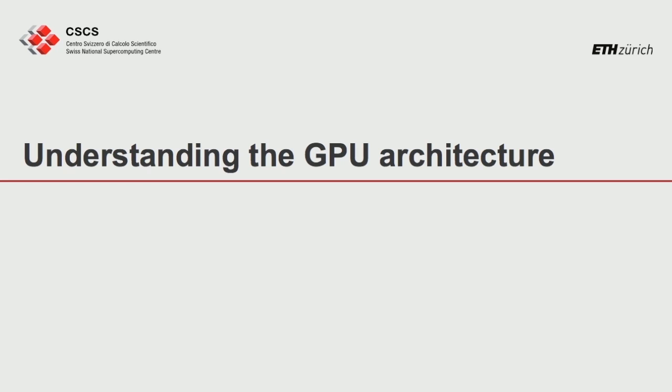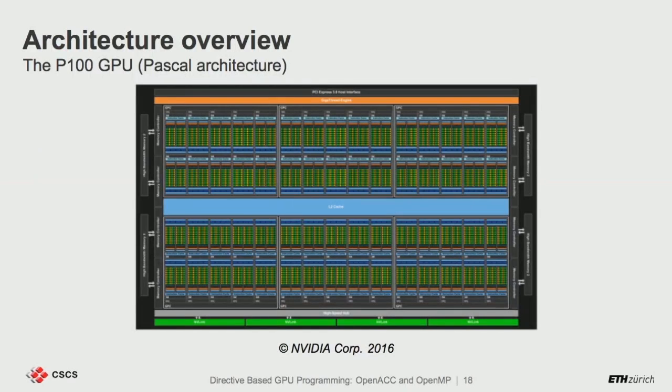The second part is we're going to see in a bit more detail the GPU architecture. Here is what the P100 GPUs that we have at CSCS look like. Again, the small green things are the cores. You cannot even see them, there are so many.